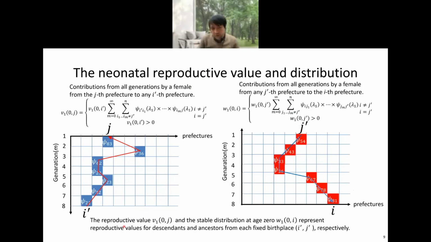The reproductive value V1, which is a left eigenvector, and the stable distribution at age 0, which is a right eigenvector at age 0, represent the reproductive values for descendants and ancestors from each fixed birthplace, I primes or J primes, respectively.